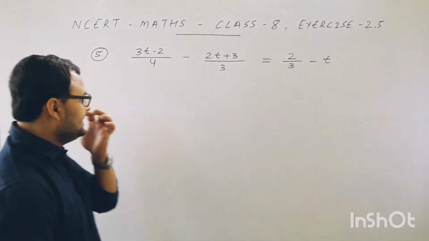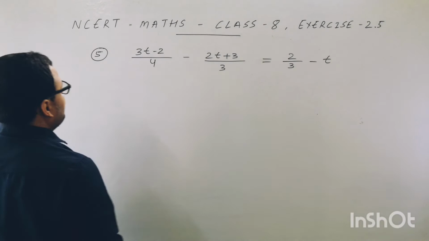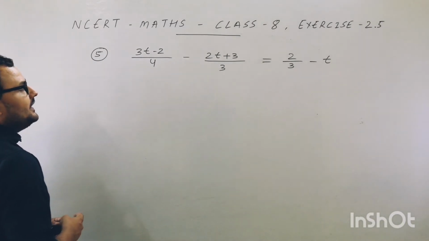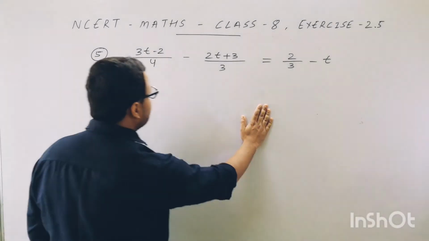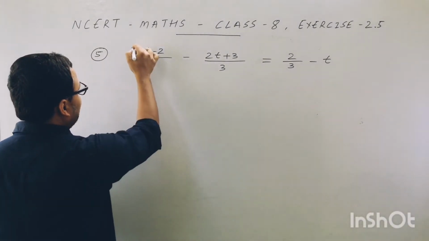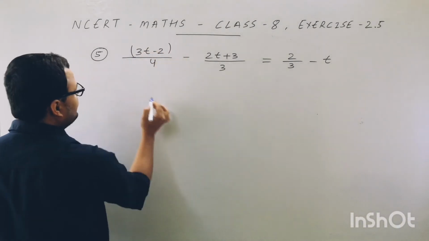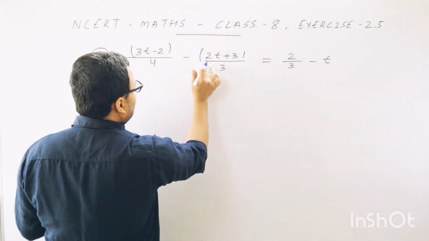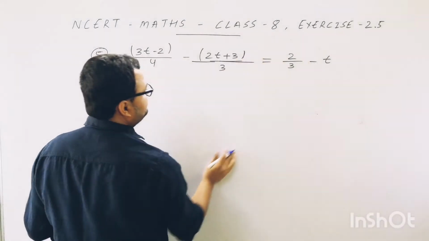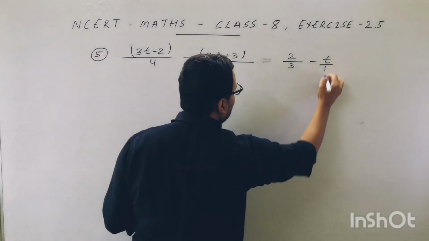Now the next question, question number 5. (3t minus 2) by 4 minus (2t plus 3) by 3 equals 2 by 3 minus t. When we do this type of question, always remember they will be inside a bracket. Think like that, then only we will get the right answer each and every time. t means t by 1.